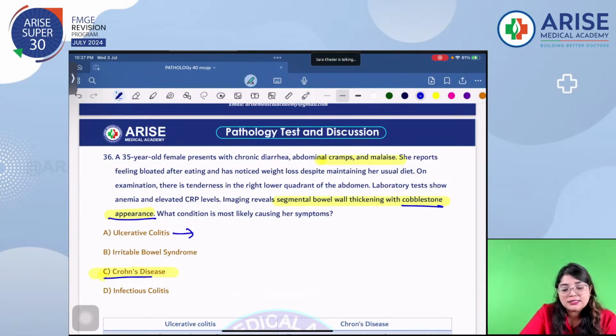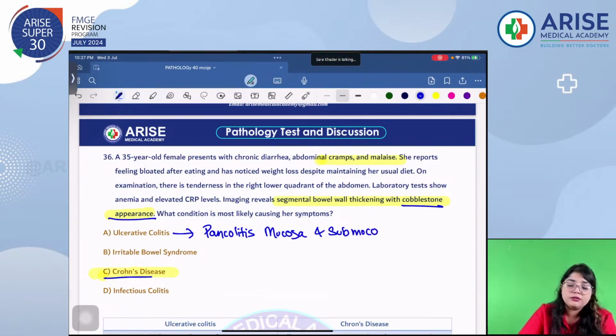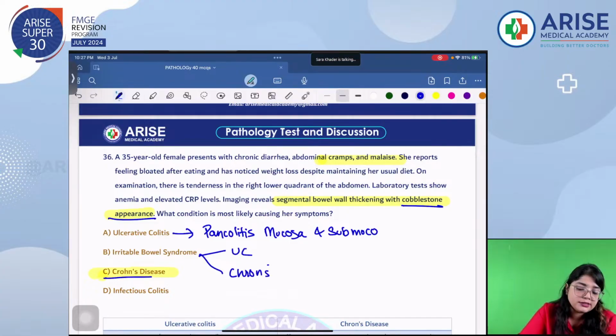Ulcerative colitis is a kind of pancolitis, so it is going on. There are no skip lesions, but it affects the mucosa and the submucosa. If I talk about inflammatory bowel disease, there are 2 that you need to remember: ulcerative colitis and Crohn's disease.